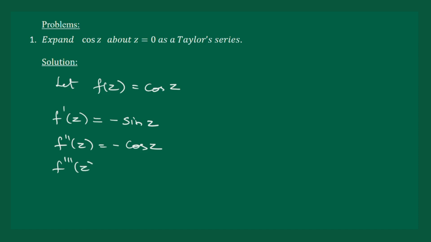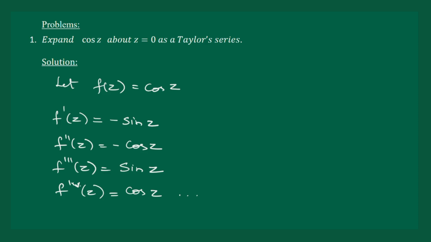So f triple dash of z: cos z differentiation is minus sin z. Already one minus is here, so it becomes plus sin z. Similarly, fourth order derivative of f of z is cos z. It goes on like this, right? We can extend it. So at least 3 to 4 terms we can find. It's enough to use in the Taylor series expansion.